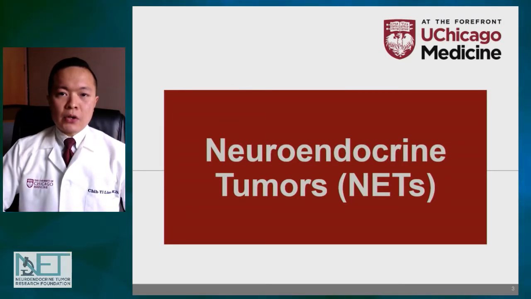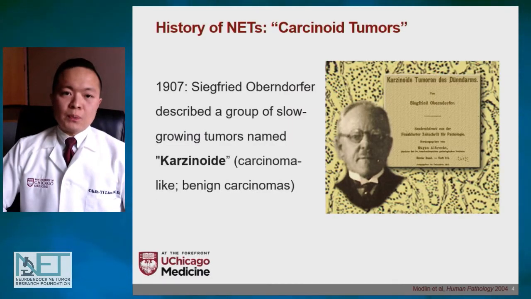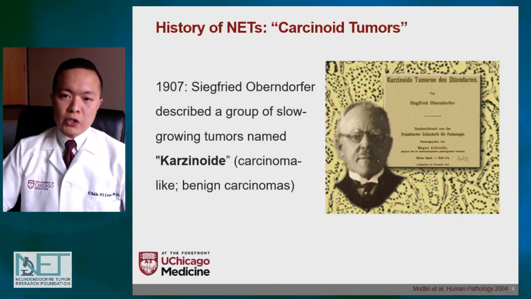When we talk about neuroendocrine tumors, or NETs, it's useful to know a little bit about their history. Another term that you may have heard people use to describe neuroendocrine tumors is carcinoid tumors.